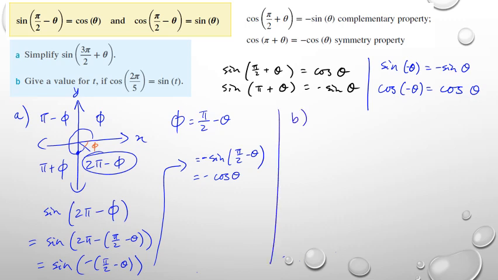Okay, part B. Give a value for t if cos of 2 pi over 5 is equal to sine t. Now, using the fact that sine of pi over 2 minus the angle gives us cos theta, we're going to rewrite this as sine.